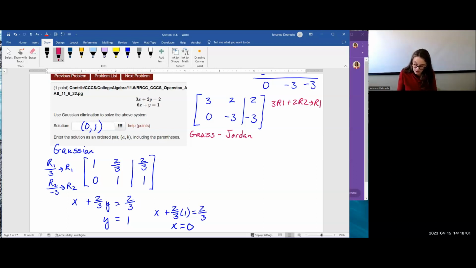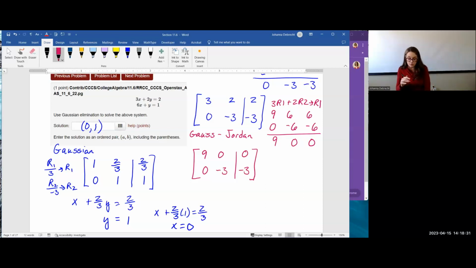So 3 times row 1 would be a 9, 6, 6. 2 times row 2 would be a 0, negative 6, negative 6. And when I add those together, I get 9, 0, 0. So now my row 1 becomes 9, 0, 0. And my row 2 is 0, negative 3, negative 3.